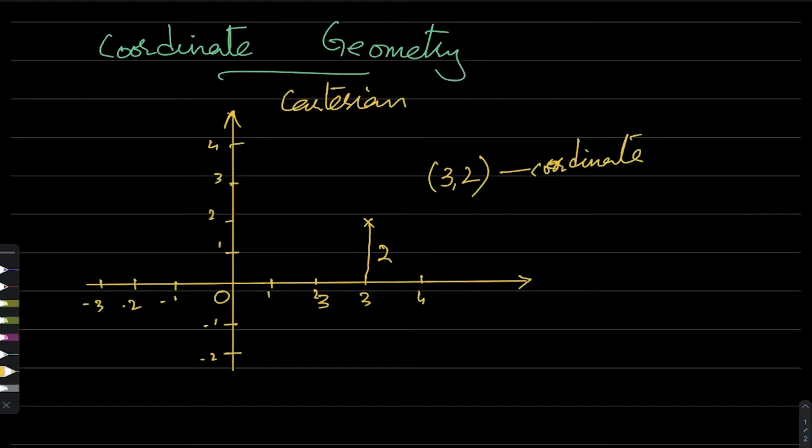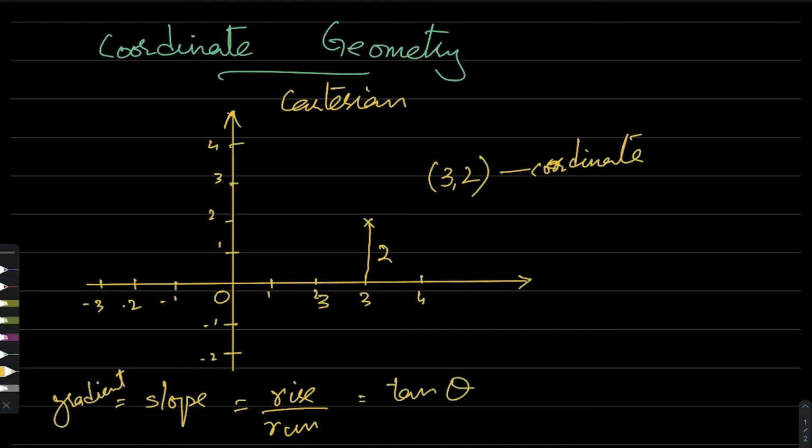Now, the ratio of how high you had to go compared to how far you had to go, which we call rise over run, has many different names. This is called slope, this is called gradient, this is called tan of theta. So multiple names for this thing.